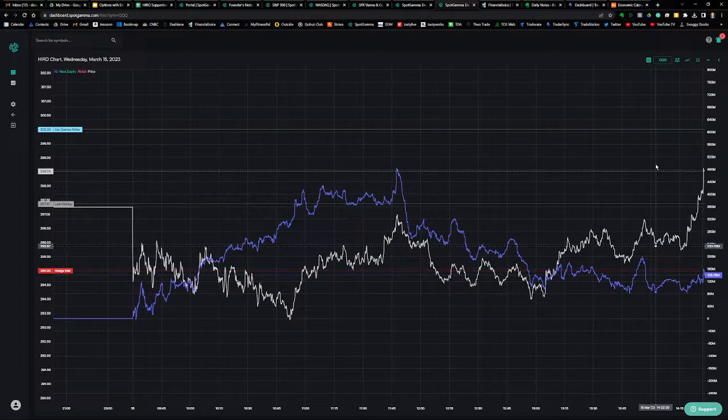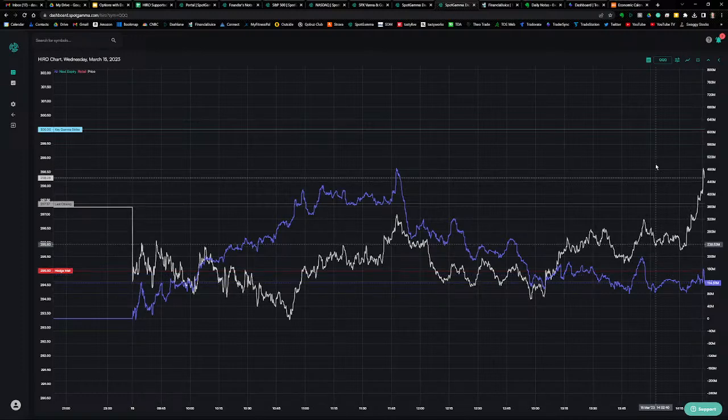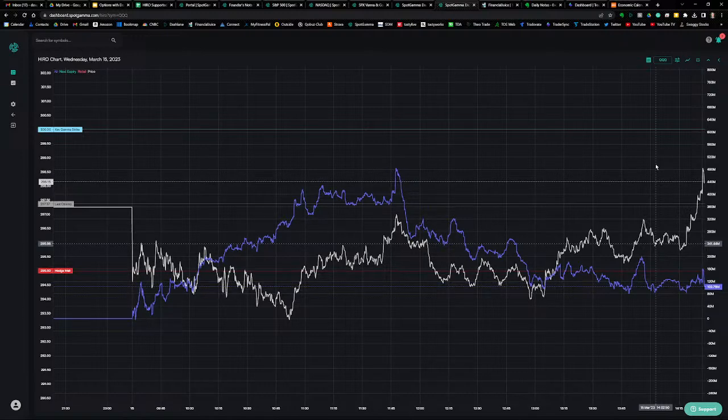CVD for me is just an added confluence, but I certainly confirm that with price action. And the best setup is with CVD and Hero going in the same direction. So if price is rising, CVD is rising, and Hero is rising, that certainly is a strong confirmation for a long.